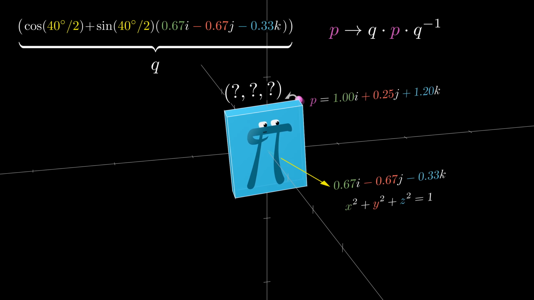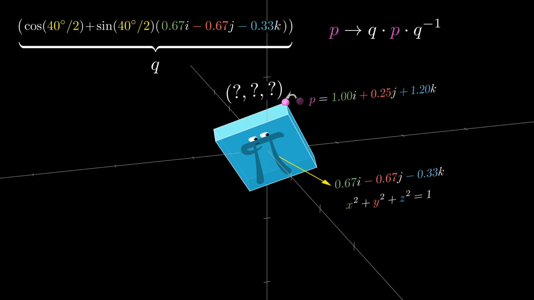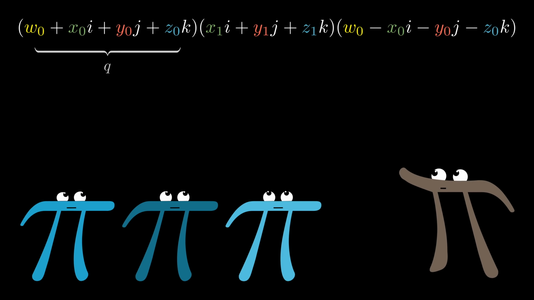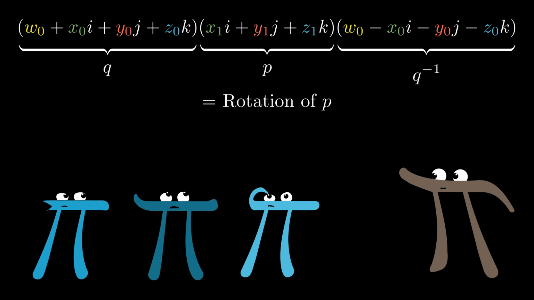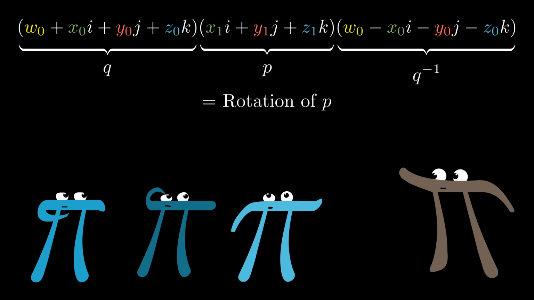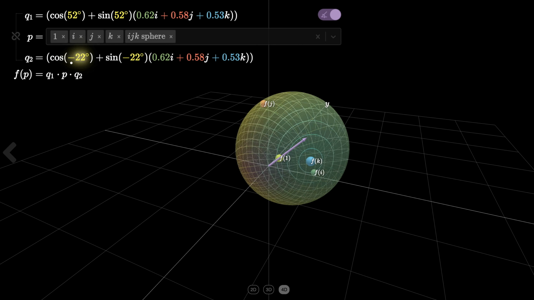If you know the rules for how i, j, and k multiply amongst themselves, you can carry out these two products by expanding everything out, or more realistically by having a computer do it for you. And, in what might feel like a bit of black magic, this big computation will return for you the rotated version of the point.